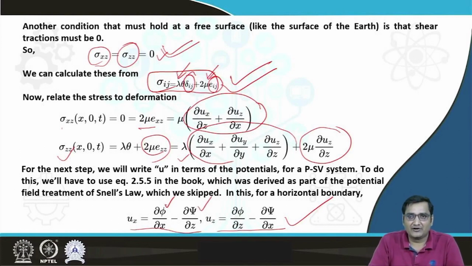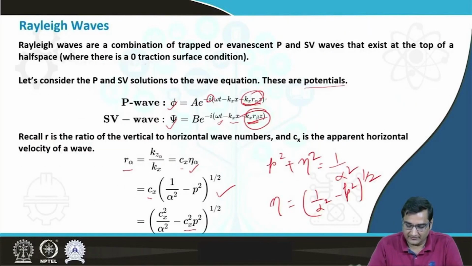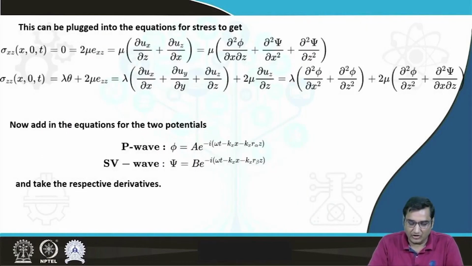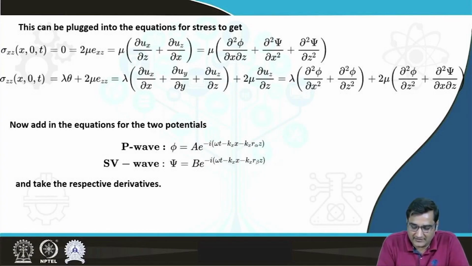Now to solve this, you can take the derivatives del phi by del x, del psi by del z, del phi by del z, and del psi by del x from the equation written here, and then incorporate them into the equation for the stress.